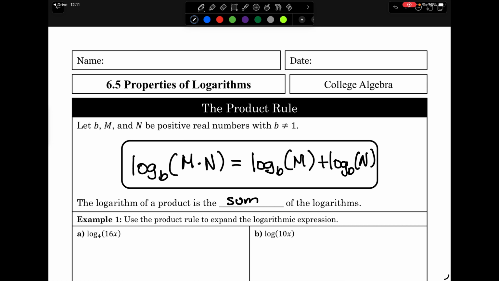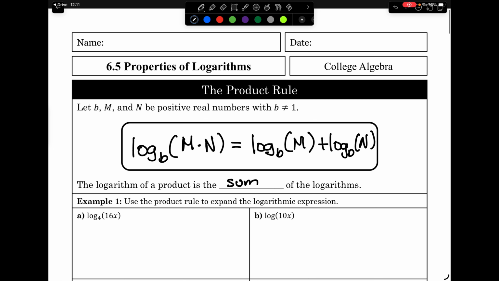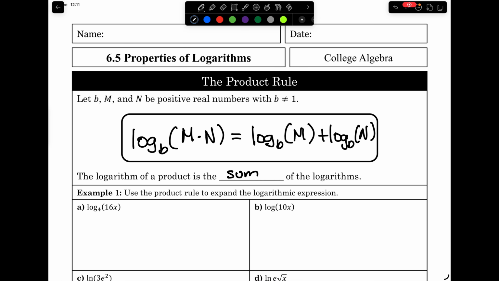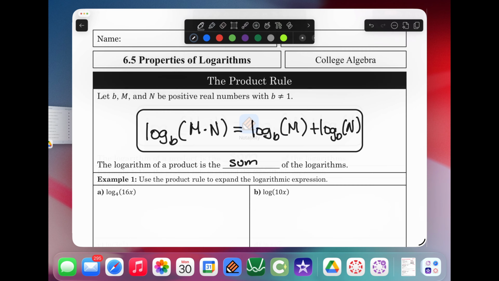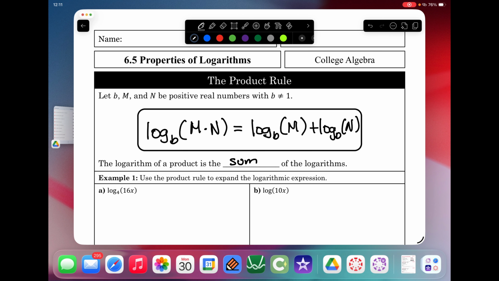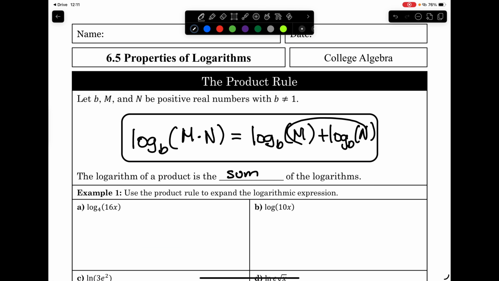Therefore, this property can help us expand this value, and we say that this is expanding. We expand this to give the product of these two things its own log.